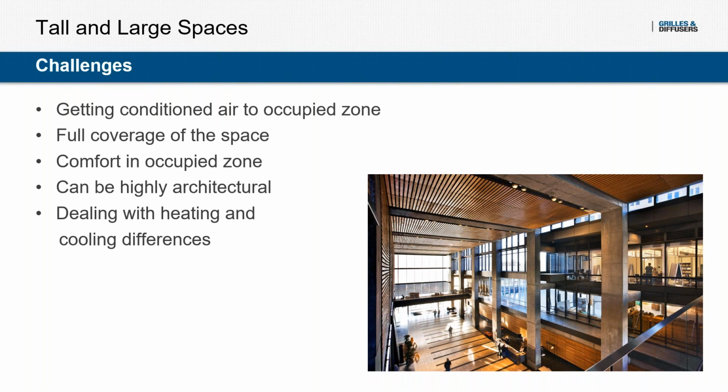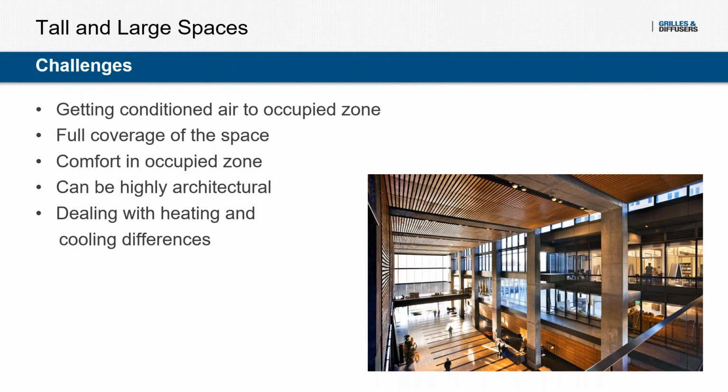The throw variation between cooling and heating can be really large, and sometimes it's hard to find the correct compromise between the heating and cooling throw differences. So as I said, although all of these tall spaces are similar, no two jobs are the same, and there's often multiple ways to address these challenges.